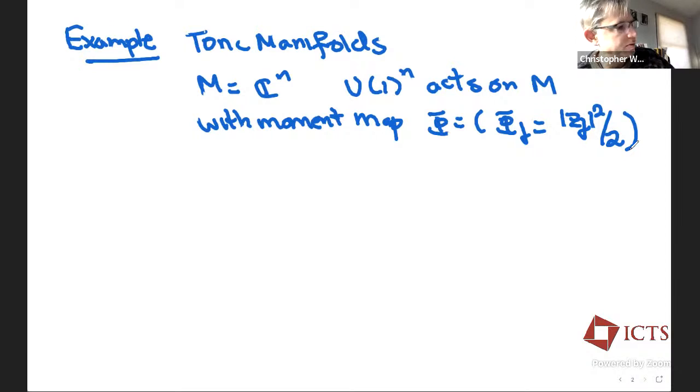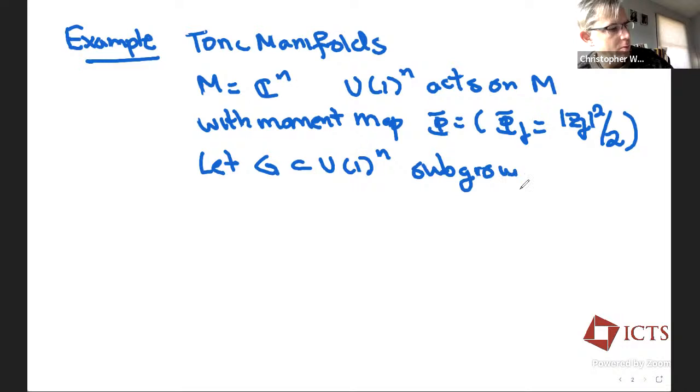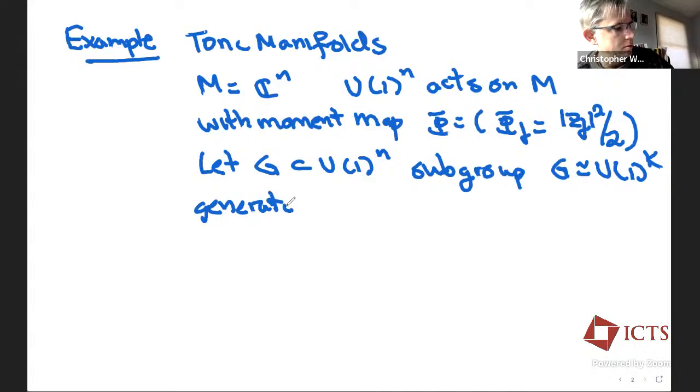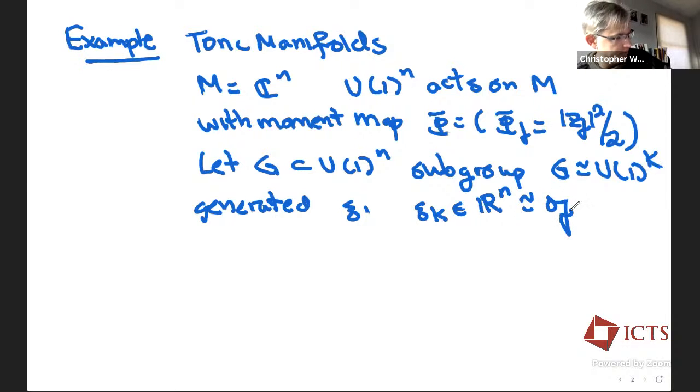And then suppose you have a subgroup G, itself a torus but of smaller dimension, generated by some vectors c_1 up through c_k in R^n, which we identify with the Lie algebra of G.